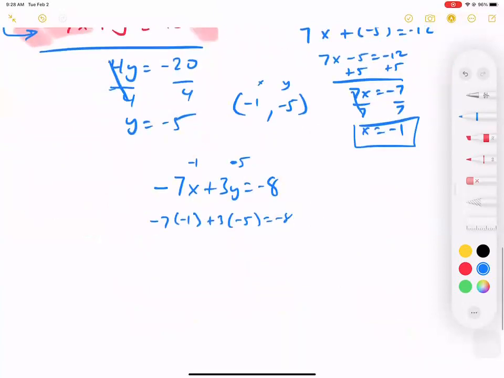Let's see what happens. This is, whoops, sorry, that's a negative 7. I don't know why I wrote 8. This is negative 7, and negative 7 minus 15 is negative 8. And we are good to go. This is a true statement. We got it.